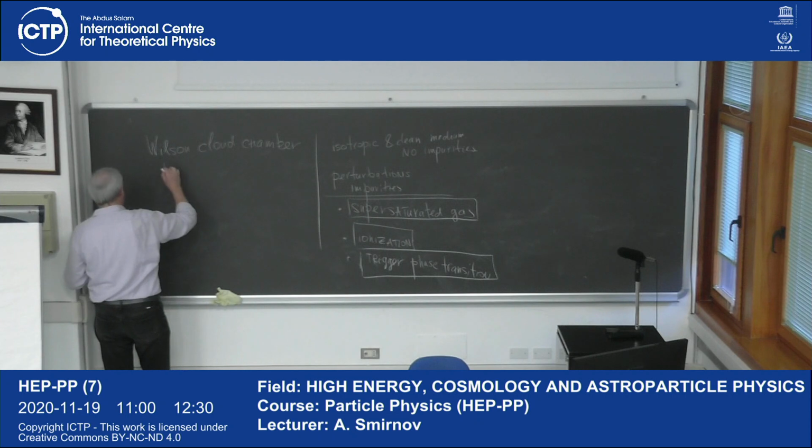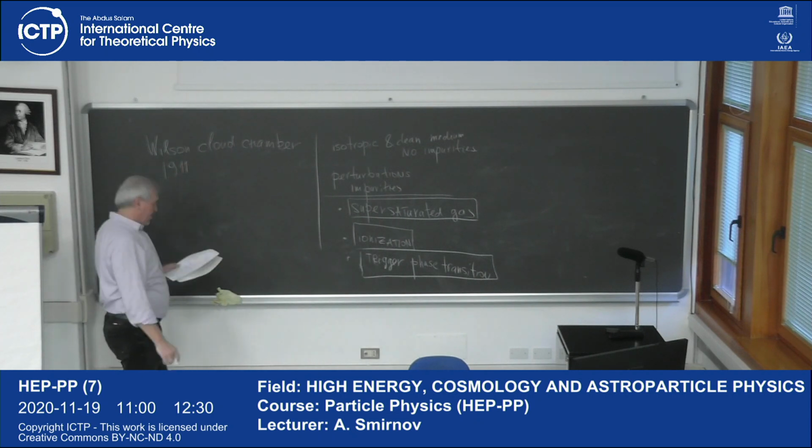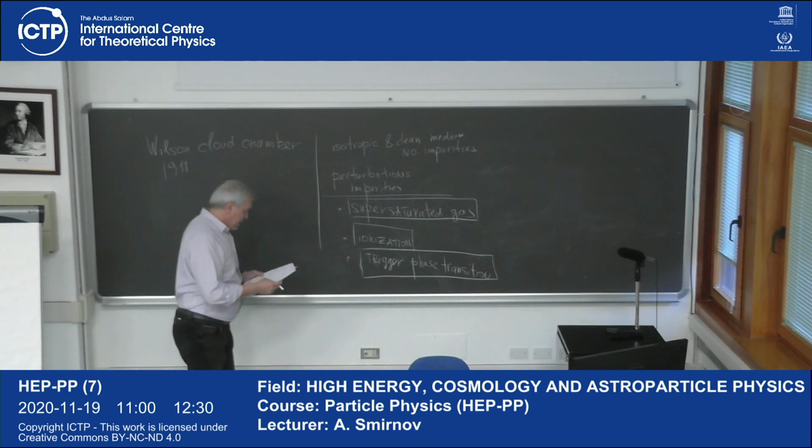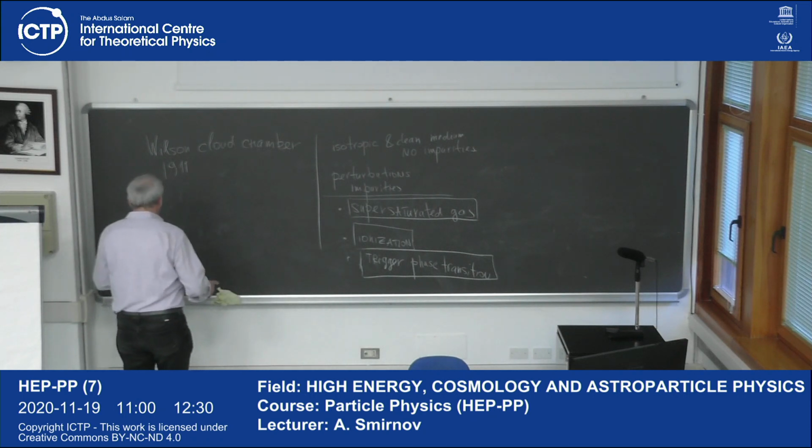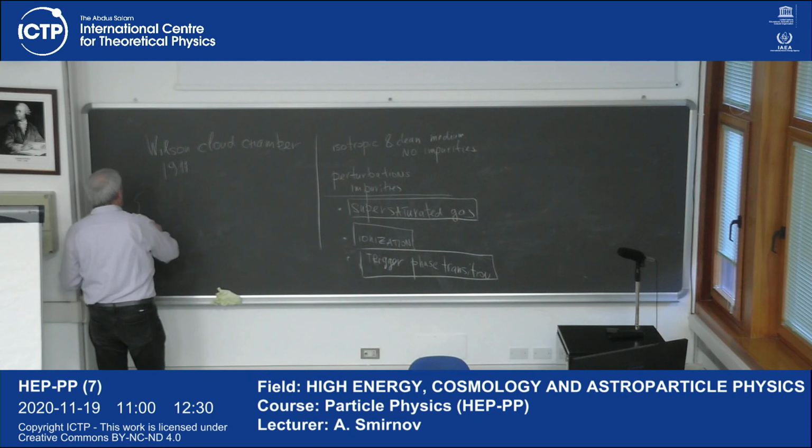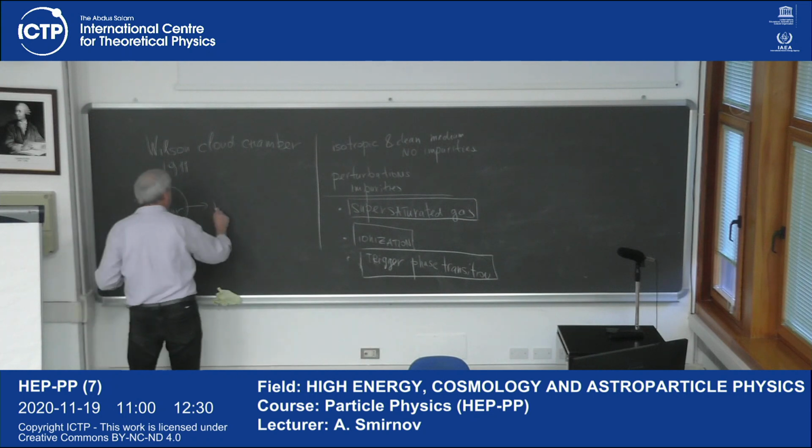It was invented by Wilson in 1911 and widely used in the first discoveries of elementary particles. So it uses again, let me repeat, the phase transition of air and vapor to water.